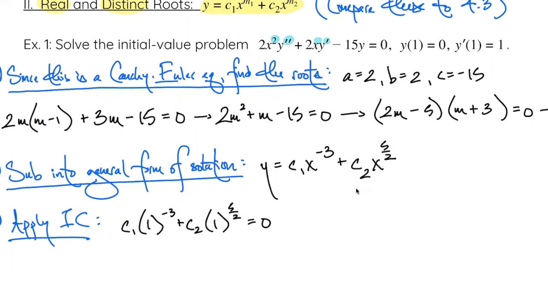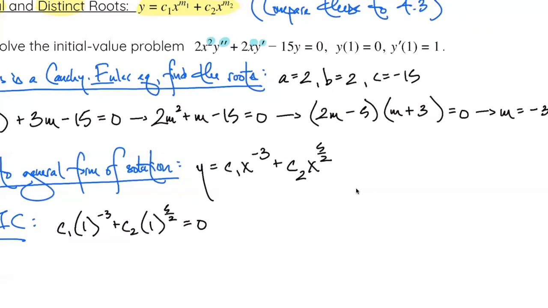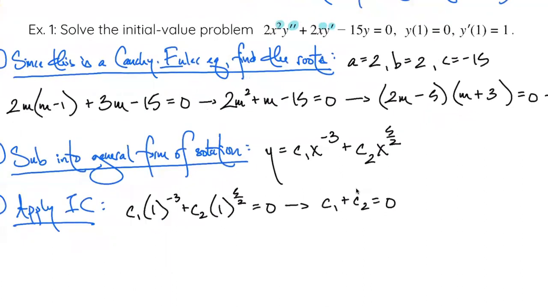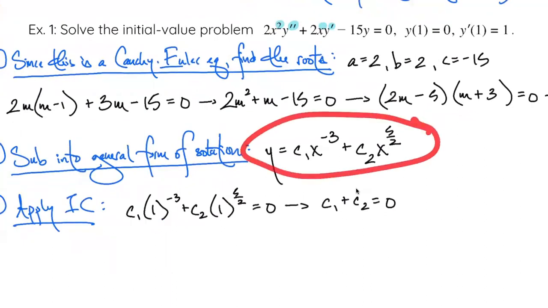That's the first initial condition. Let's simplify that a little bit: we get c1 plus c2 equals 0. That's our first equation. But in order to use the second initial condition, we have to take a derivative. Since we have an equation like this, we're going to use the power rule.